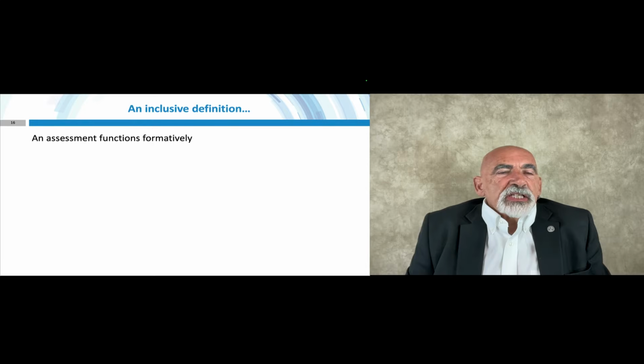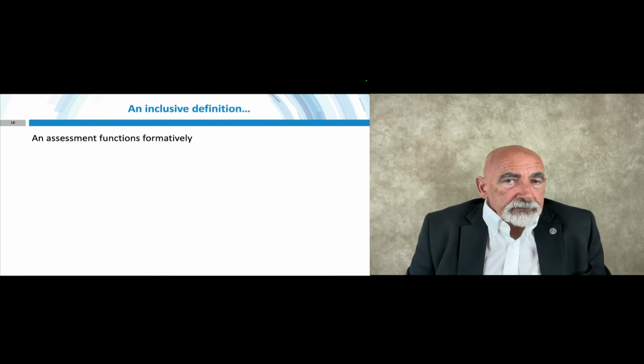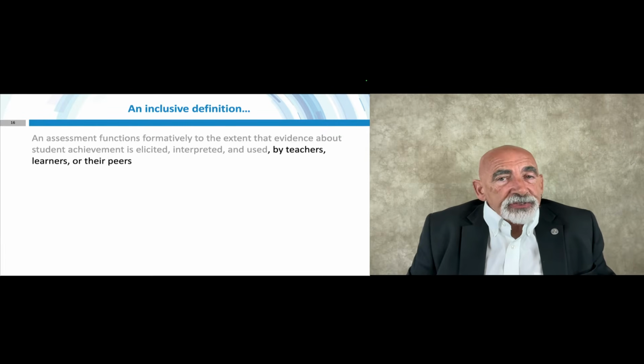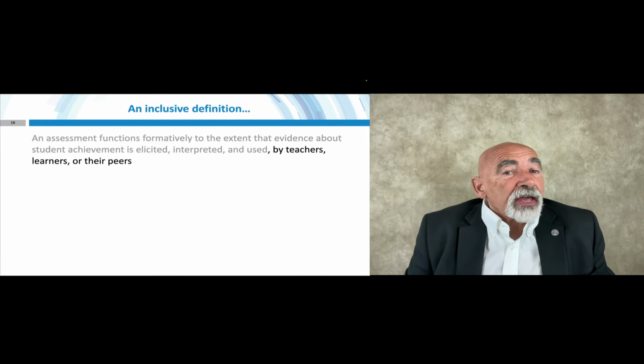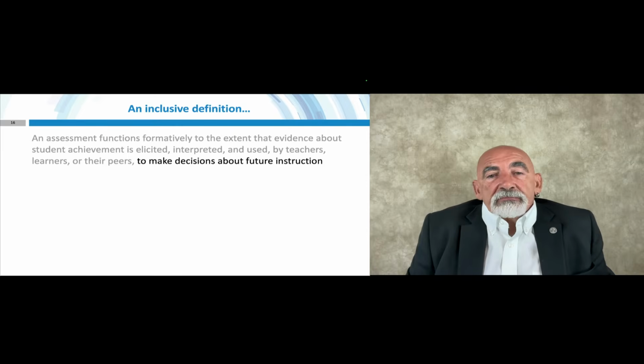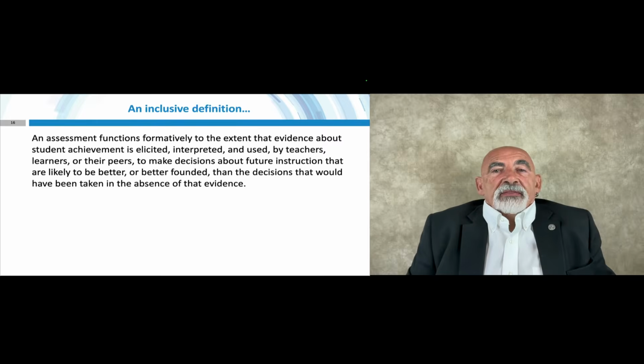I'm going to say that an assessment functions formatively to the extent that evidence about student achievement is elicited, interpreted, and used by teachers, learners, or their peers to make decisions about future instruction, next steps, if you like, that are likely to be better or better founded than the decisions they would have taken in the absence of that evidence.